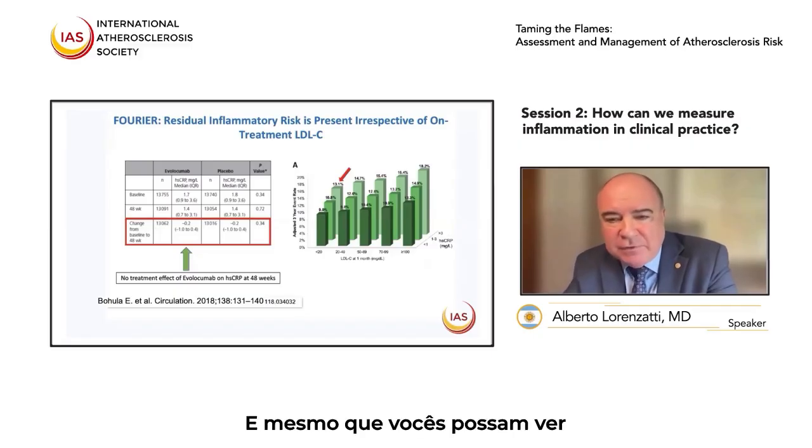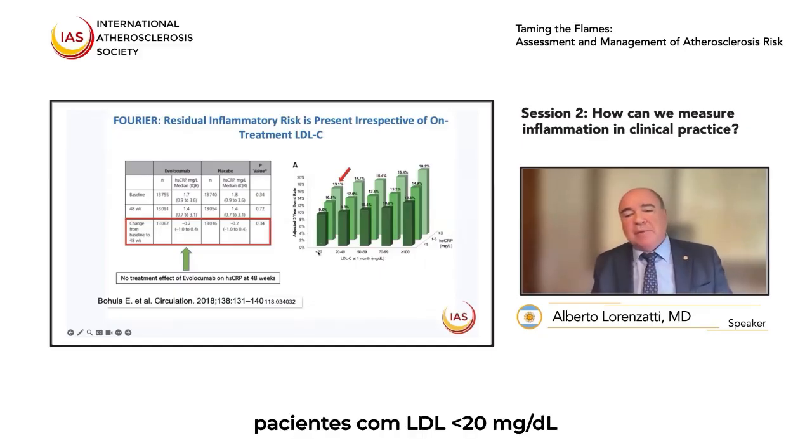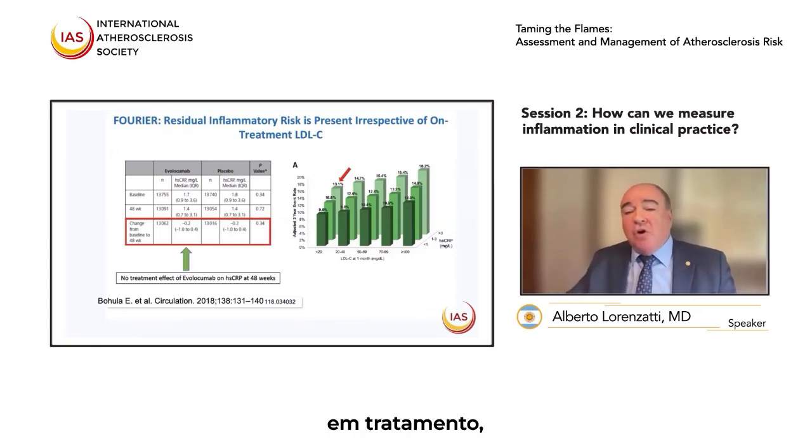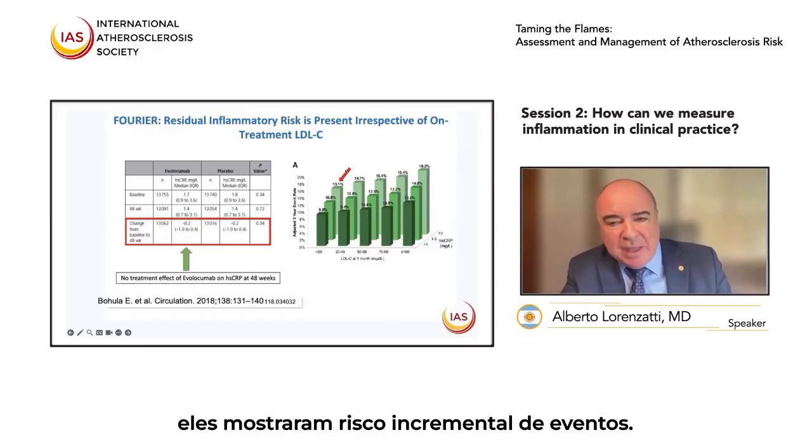Even in the bars on the left of the image, patients with less than 20 milligrams per deciliter of LDL on treatment, but more than 3 milligrams per liter of CRP level, showed an incremental risk for events.